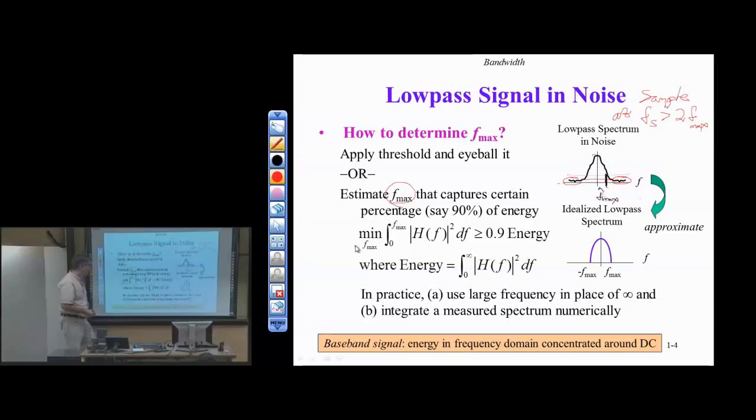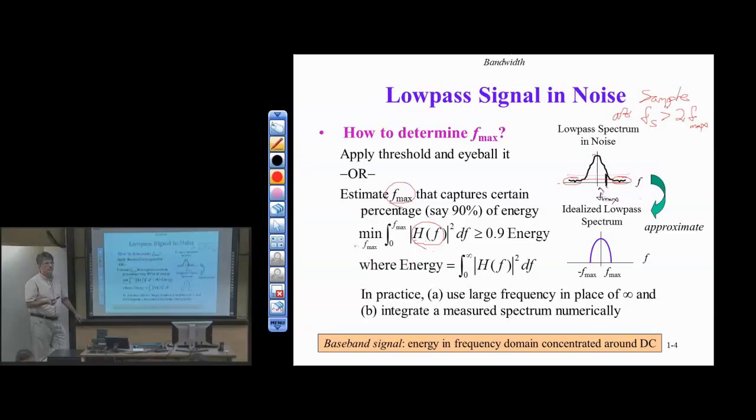The smallest value of F max, such that when I integrate the magnitude spectrum squared, this is the power spectrum. If you think about what's power, it's something squared. What is capital H of F? It's the frequency content at a particular frequency F, and it's going to be complex valued, generally. The absolute value squared gives me magnitude squared.